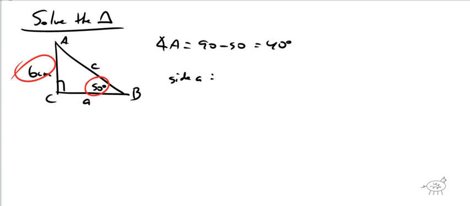For side A, I'm going to use tangent of 50 degrees, because tangent uses opposite and adjacent, and the only thing that's missing here is the adjacent, so that's what we're figuring out. So tangent of 50 equals 6 over A.